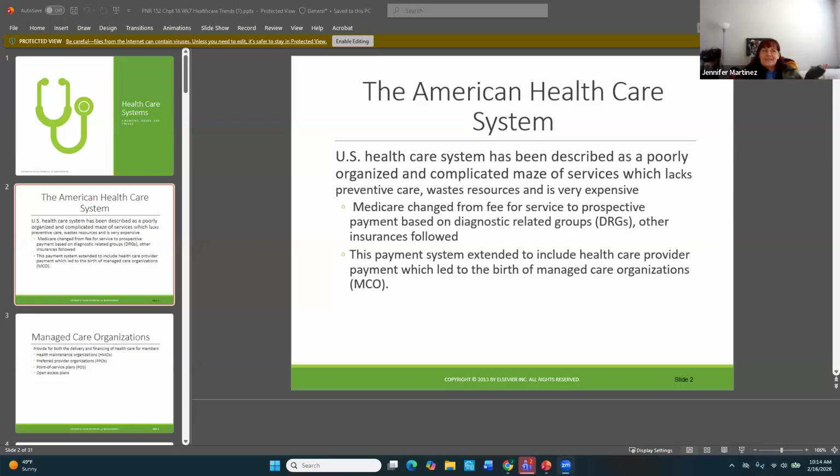So, nice little statement here. The U.S. healthcare system has been described as a poorly organized and complicated maze of services, which lacks preventative care, wastes resources, and is very expensive. And I'm sure those of you that have had to use healthcare understand that it can be very expensive.